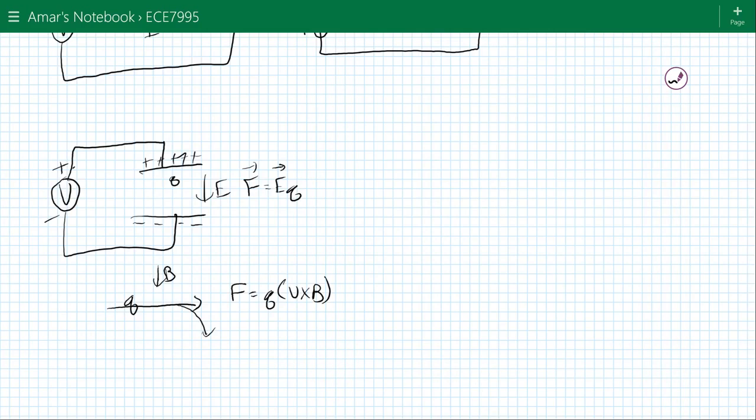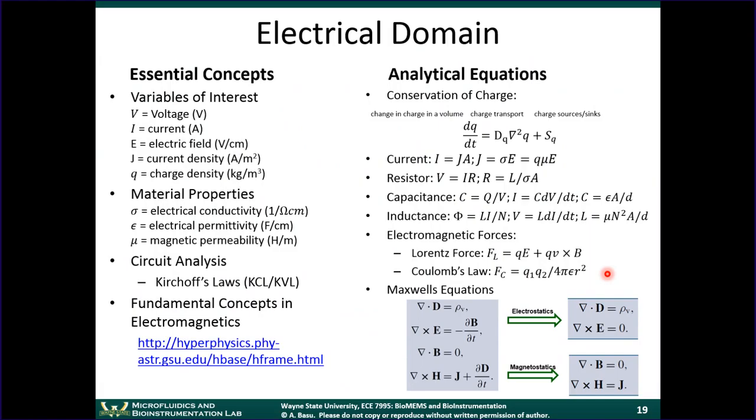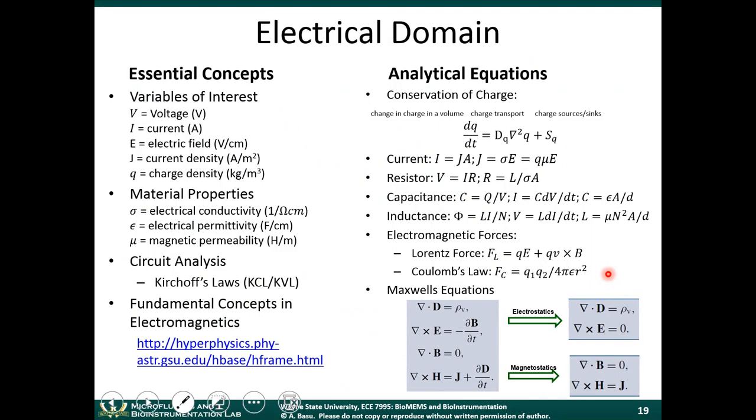There's a force that the magnetic field acts on only if the charged particle is moving. You may or may not remember this from electromagnetics, but that's what the Lorentz force is. Those are some of the fundamental forces in the electrical domain.